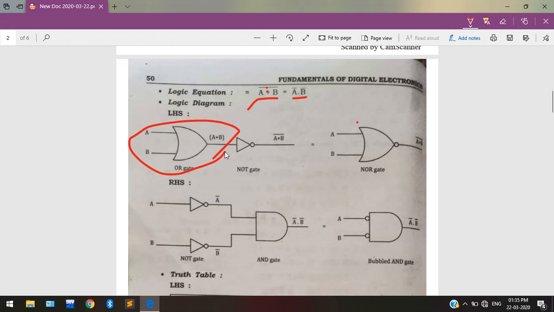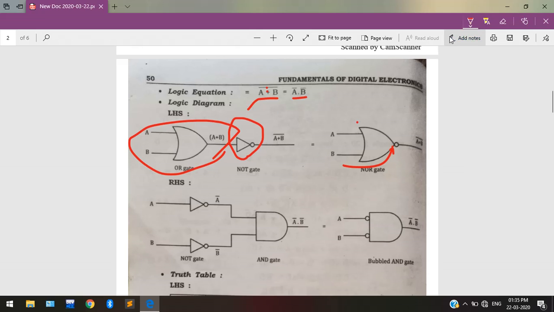You know, from the earlier topics on different types of gates, that a plus b is an OR gate. If we want to draw the symbol of a NOR gate, we have to add a NOT gate after the OR gate. So we directly get the output as a NOR gate.